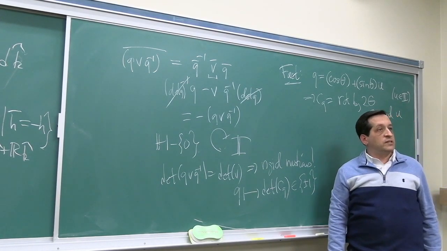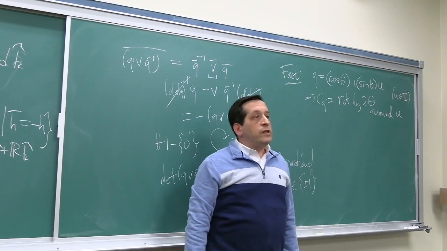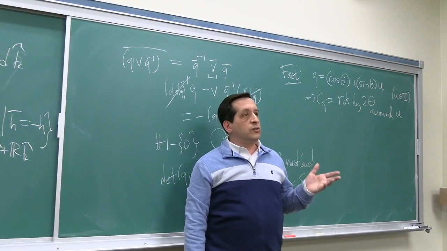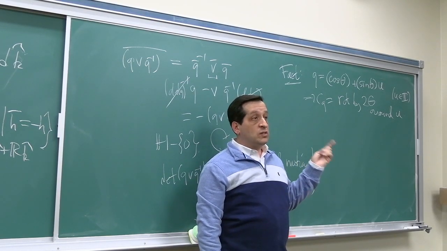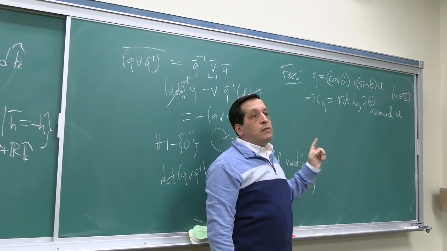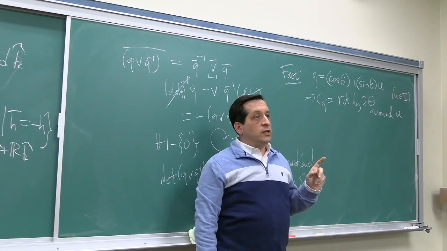Oh, that's interesting. So since we know by Euler's axis angle interpretation, every rigid motion of space is rotation by some axis by some angle, then you get everything in SO3 from a quaternion.